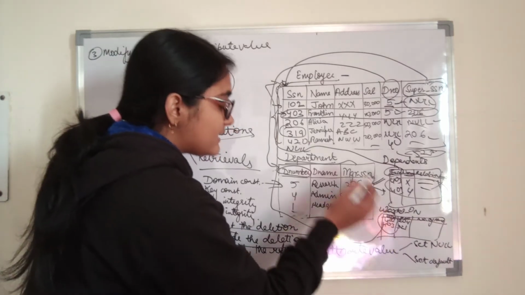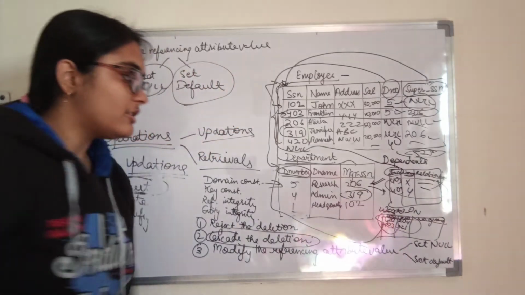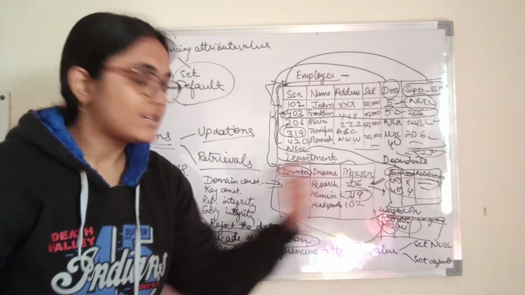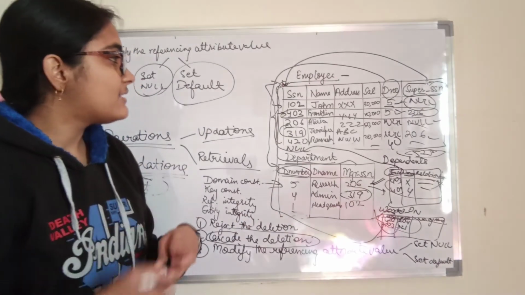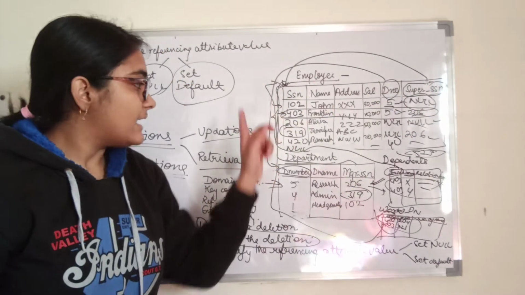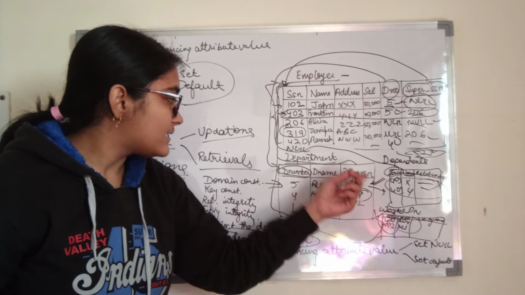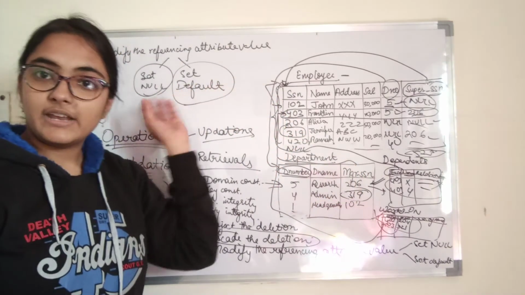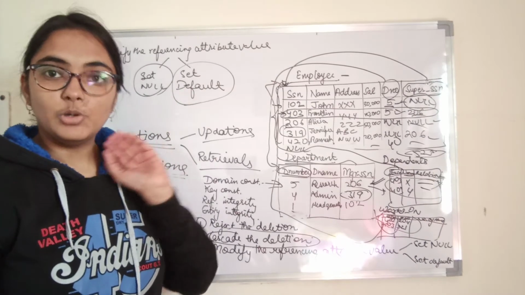So if an employee is fired, we can also delete the information about the projects he or she is working on, right? So this can also be deleted. So in case this particular attribute is referring to this, what we did is we set it to default or null, or we modified the referencing attribute value.